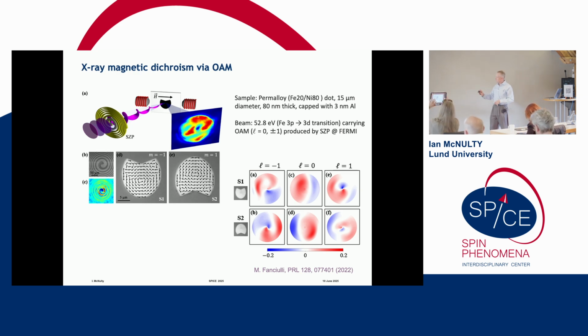So again, we're looking at permalloy systems, these so-called dots with a defect. We know from PEEM images, the magnetic structure looks something like this, with a defect in the center, and the contrast is quite evident by switching the orbital angular momentum between 0 and plus or minus 1, for example. Again, measured at Fermi, but now at 52.8 eV at this 3P to 3D transition.